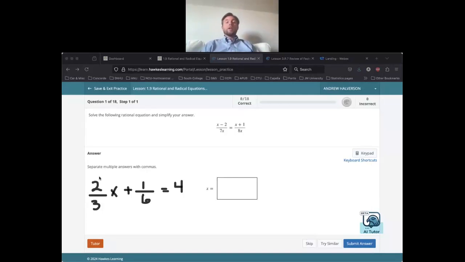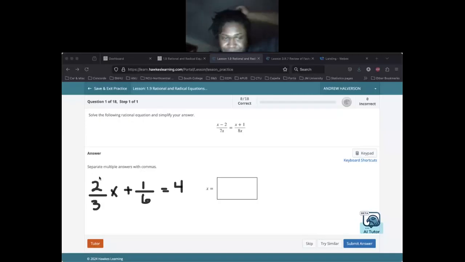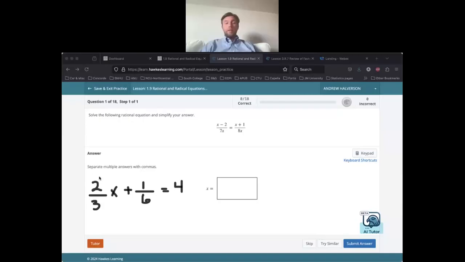Right. So we want to do the opposite of fractions, the opposite of division, which means we want to multiply. So we're going to take a number and multiply it to both sides. The question is what's the number going to be? Well, we want the number to be able to cancel out all those denominators.